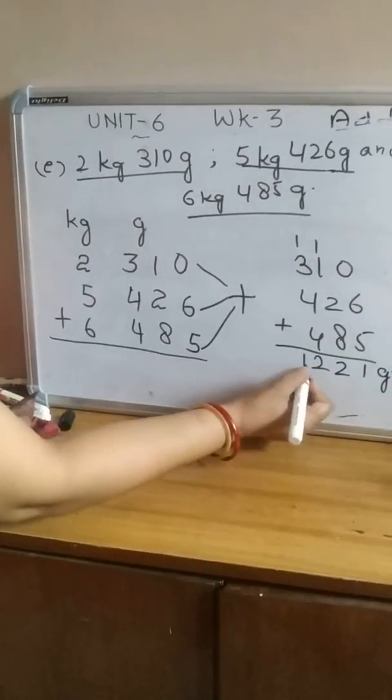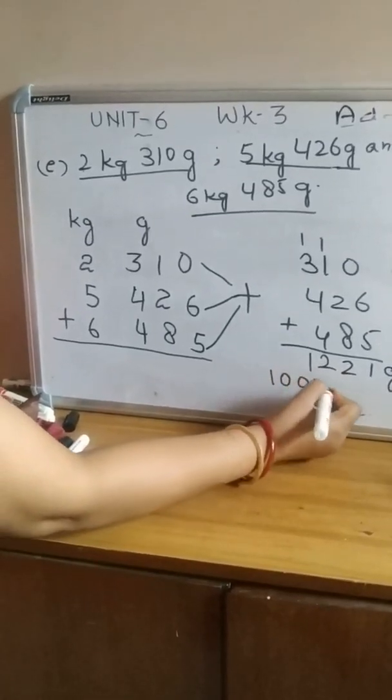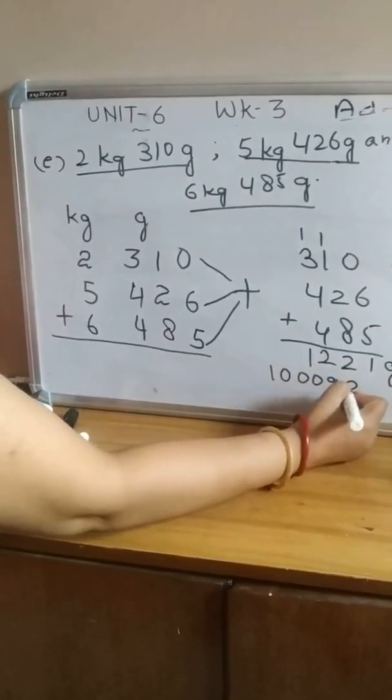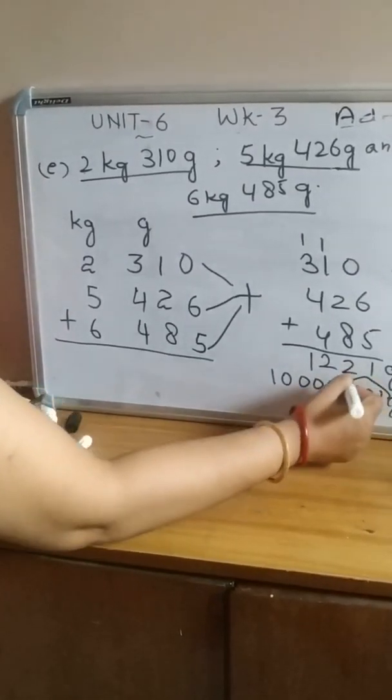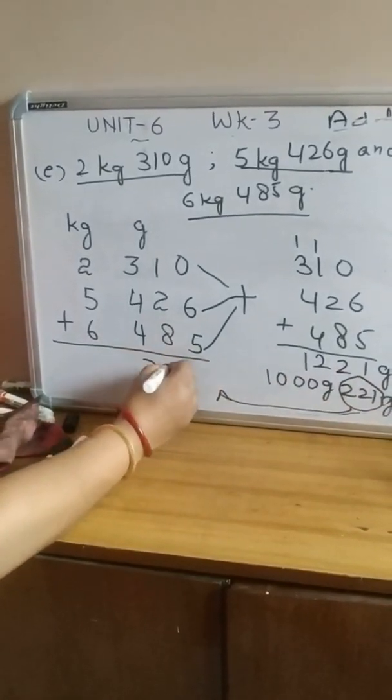1221 gram. So in 1221 gram, there is 1000 gram and 221 gram. This 221 gram will go in the gram column.